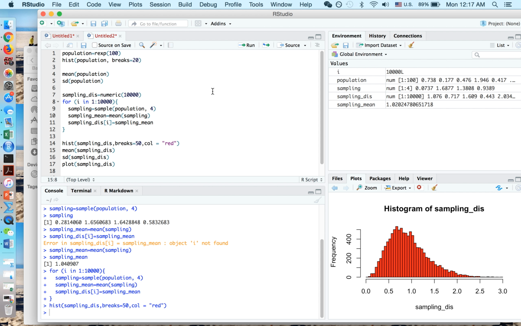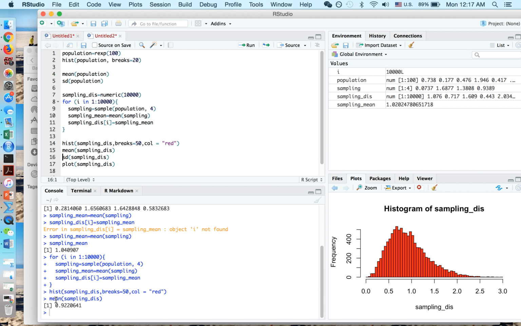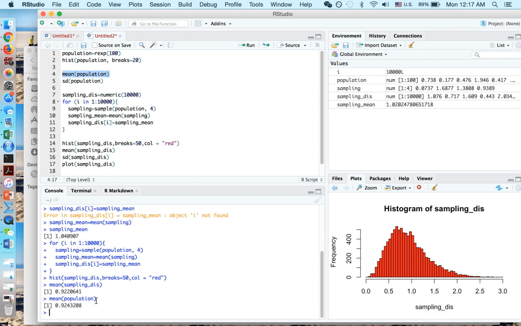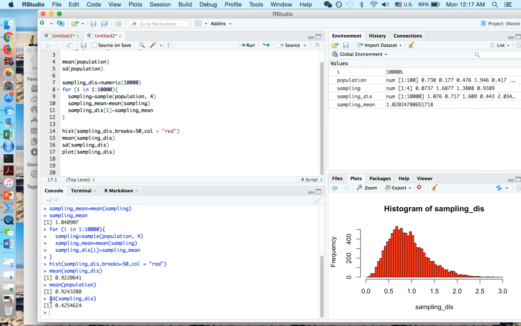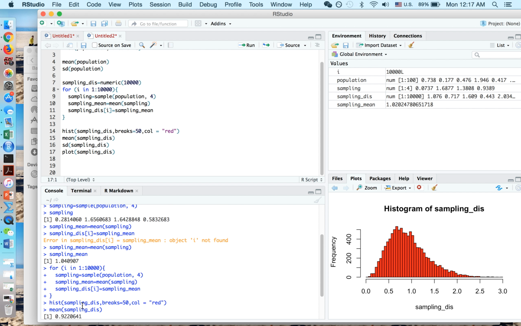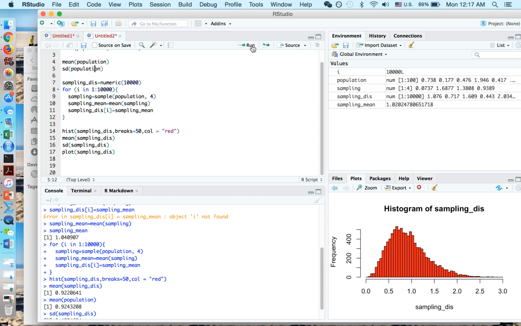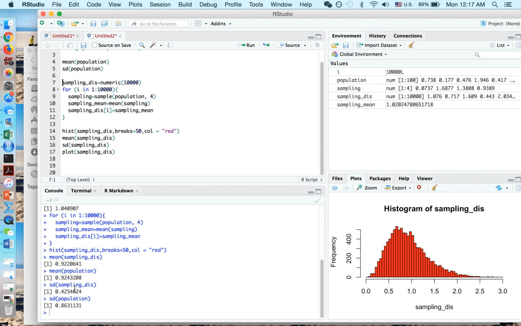And if we take the mean, it's about 1, pretty close to the mean of the population, right? And the standard deviation is 0.4, which is approximately what we had before, about 0.8 divided by 2, right? Because we have a sample size of 4.